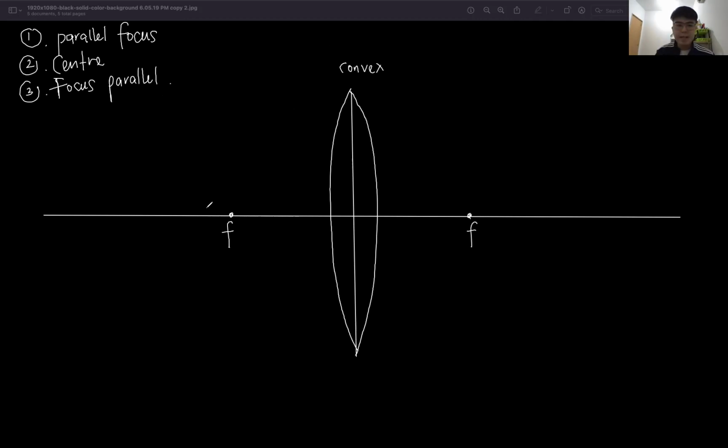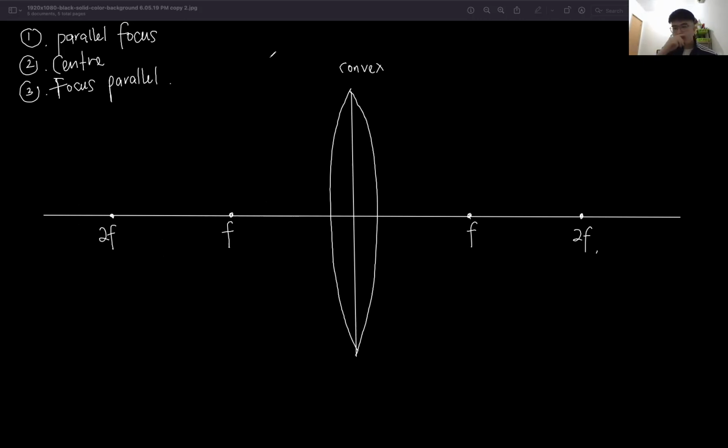Normally you will see they write the center as 2f, meaning twice the focal length. Whatever the length here is, you take twice that, that is the center. So 2f is the same as center. Here also, you have 2f. Before you sketch, make sure you label the f and 2f, and then the lens.